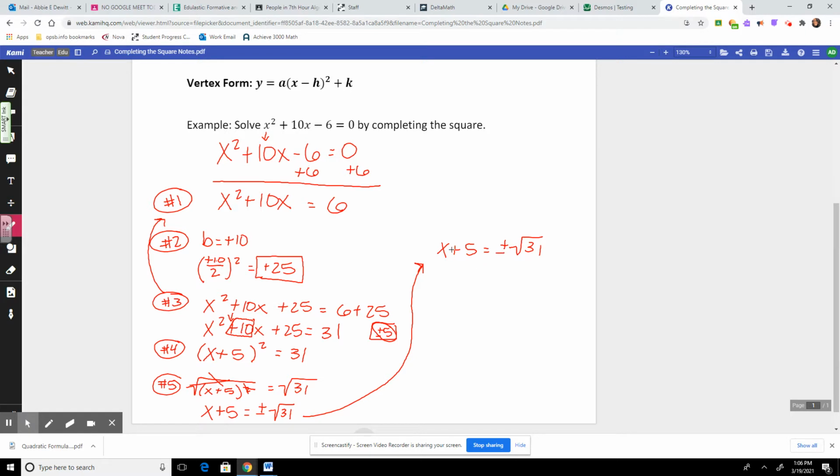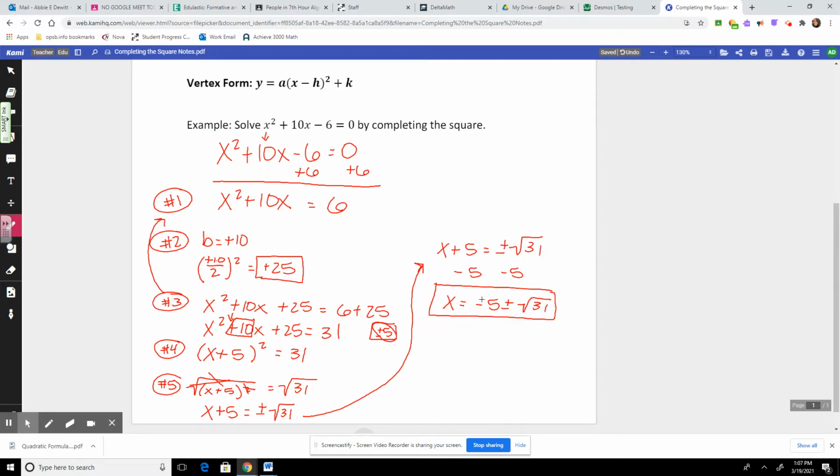Okay, now in order to solve for x, I need to subtract 5 from both sides. So x ends up being negative 5 plus or minus the square root of 31. And the square root of 31 is not a perfect root, so you're just going to leave your answer as x equals negative 5 plus or minus the square root of 31.